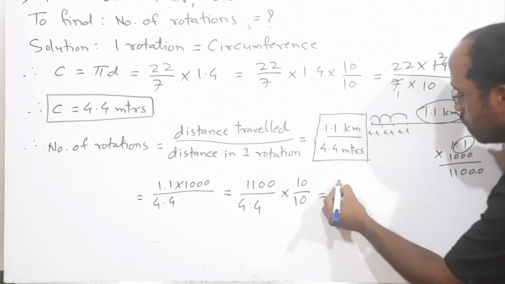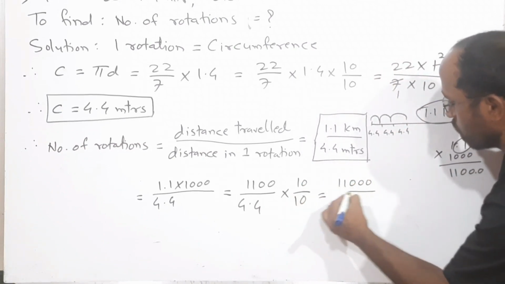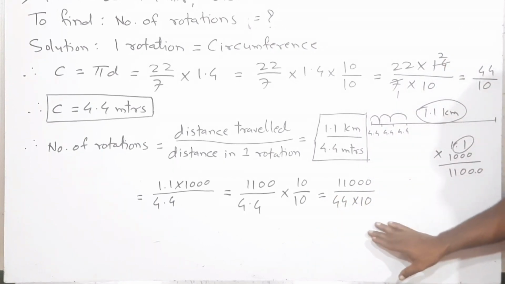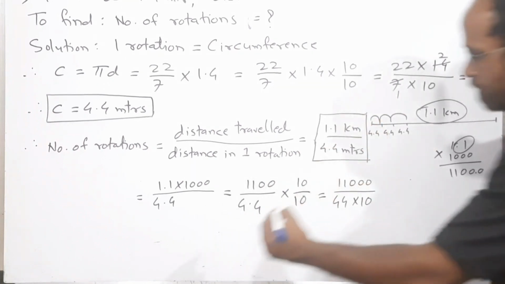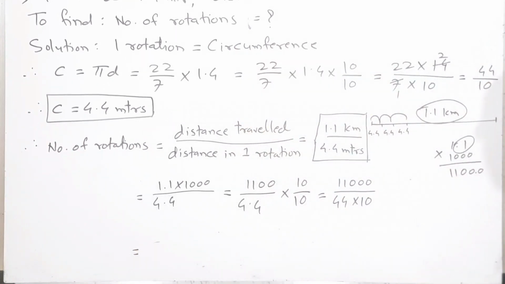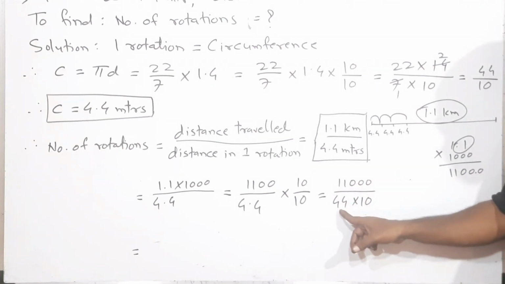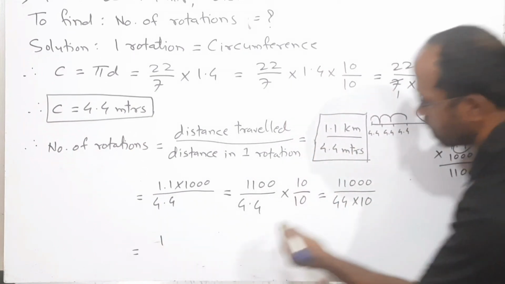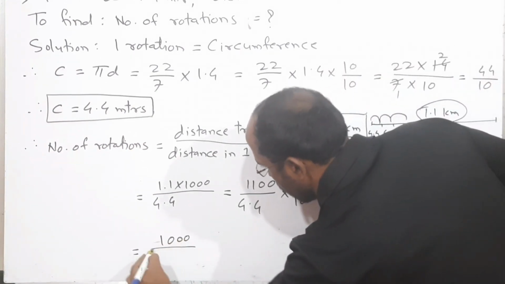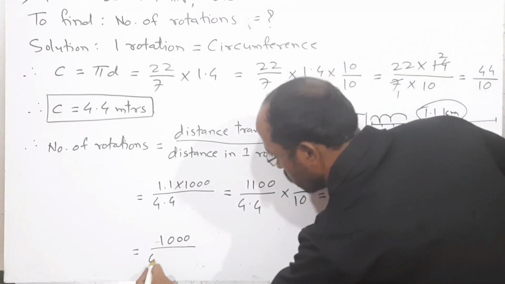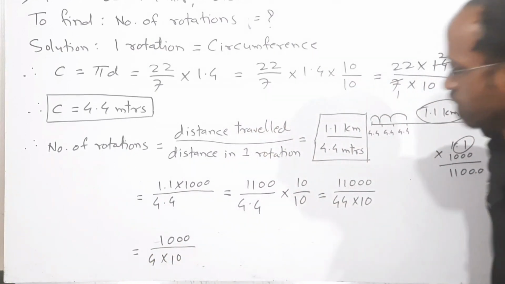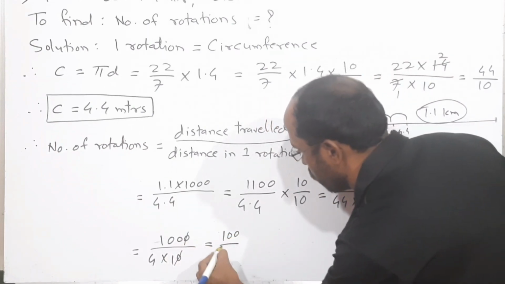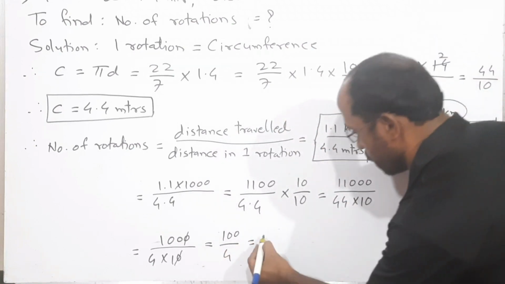So it is equal to 11,000 upon 44 into 10. Now we can apply the test of divisibility. So let's apply. 11 and 44 both are divisible by 11. So here it can be 11 ones are 11, 3 zeros as it is, upon 11 fours are 44 into 10. This 1 0 will cut, this 1 0 will cut. So 100 upon 4, which is equal to 25.